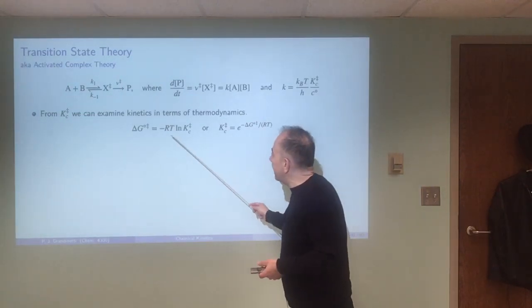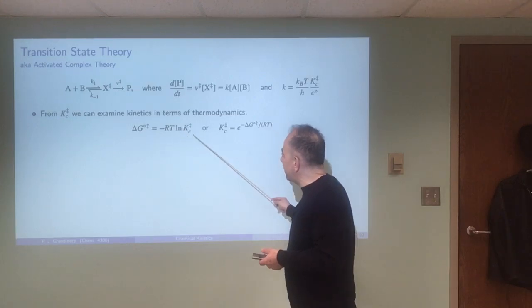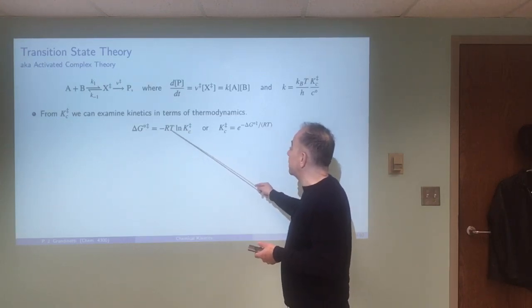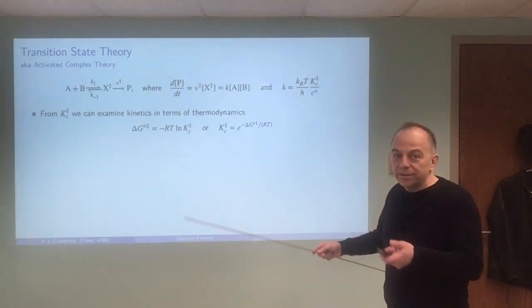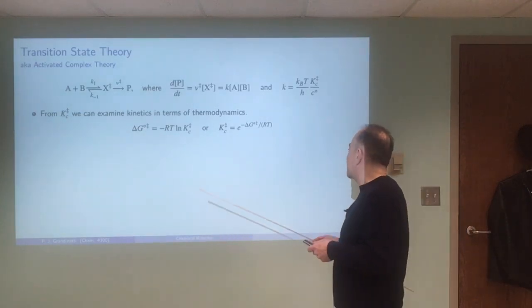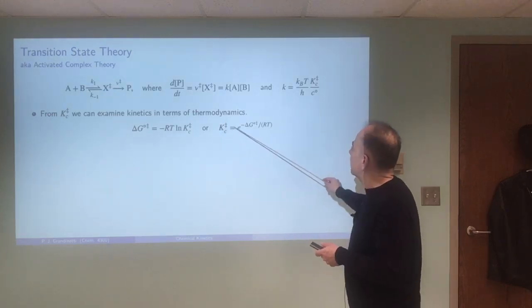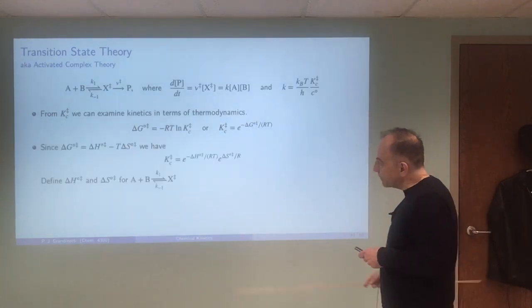And we know for an equilibrium constant that the delta G is related to the equilibrium constant through this simple relationship here: minus RT log of the equilibrium constant. This is something you might remember from freshman chemistry when you start learning about thermodynamics for the first time. Here we see that rearranged so that it's written as e to the minus delta G over RT.